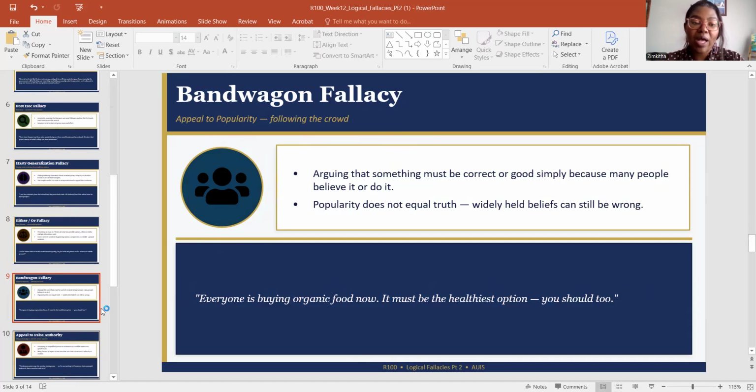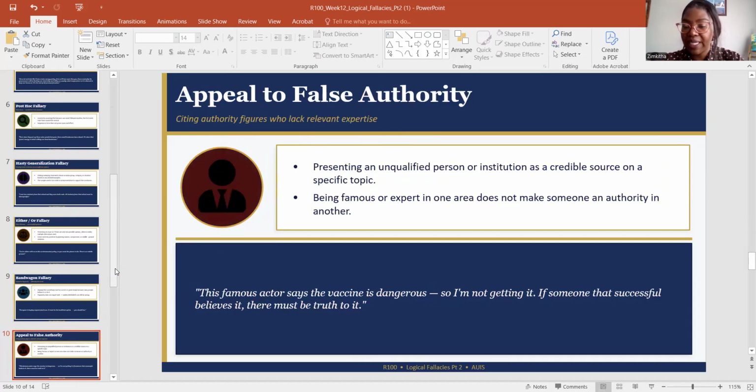And then the last one, appeal to false authority, as it says, just because celebrities or someone in a higher position or institutions that have a certain reputation say something is good or believe in a particular system doesn't necessarily mean that it is the best system or that it's even healthy or good for us. Okay. So those are the things that we need to avoid when we are doing a debate.